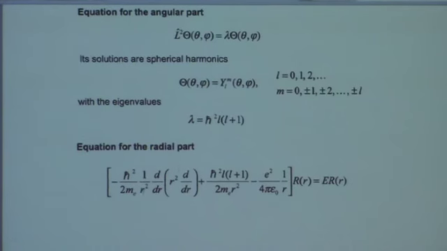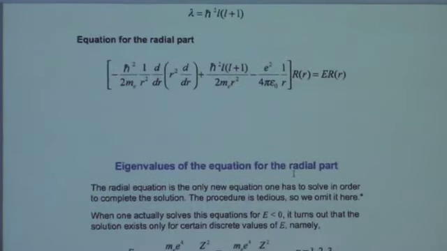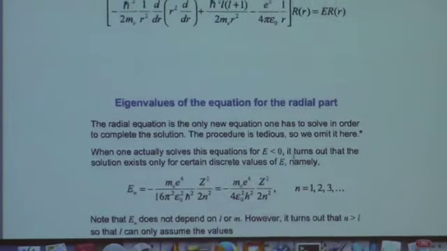This is A in my notation, and this is a function f of r multiplied by a constant, L times L plus 1. And then there is an extra potential. That is a part of the big A operator. Now this has a solution, and we look at the first part of the solution, the eigenenergies.